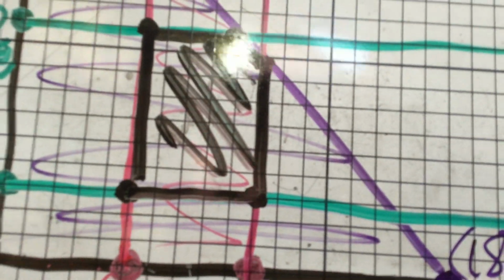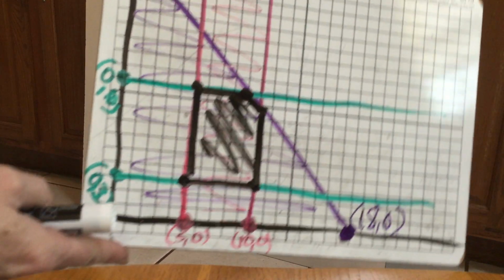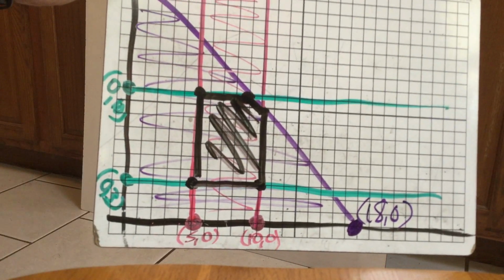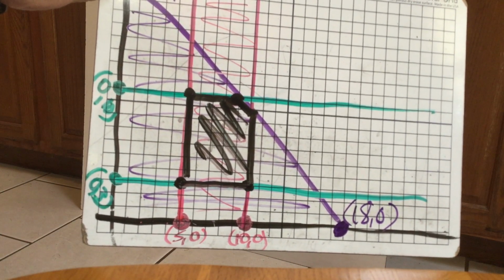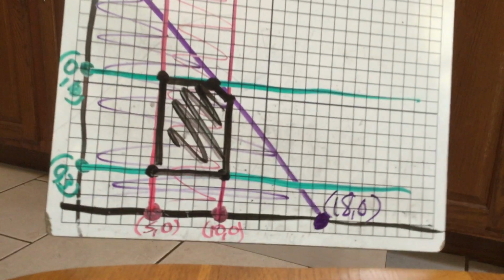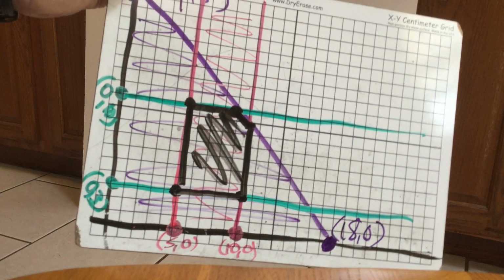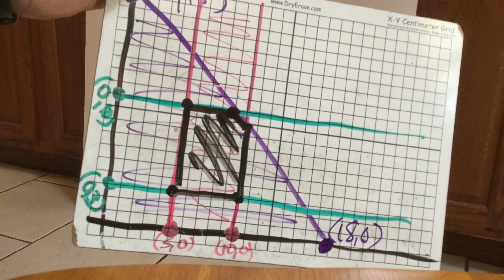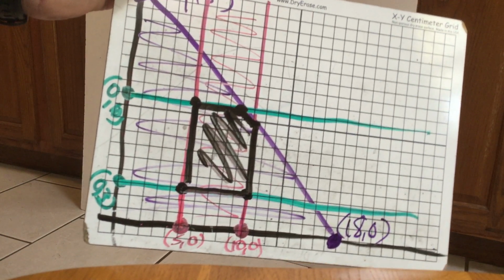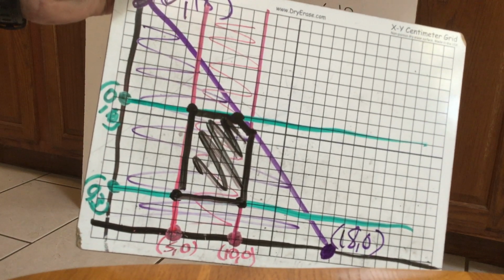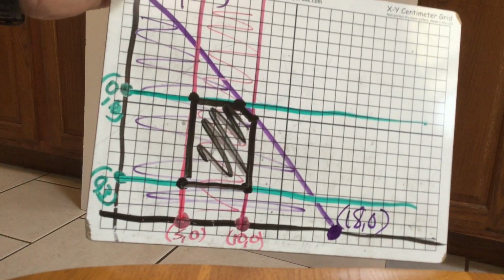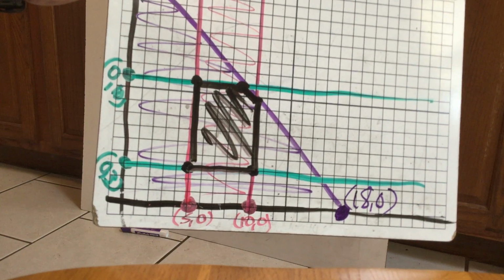There it is. That is the area that we are looking at. So when you have your picture drawn, if you're using different colors, you're below the diagonal line, and then you are in between the vertical lines and in between the horizontal lines. So you should have a shape that looks similar to mine.